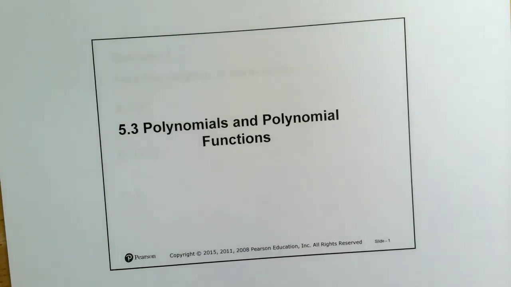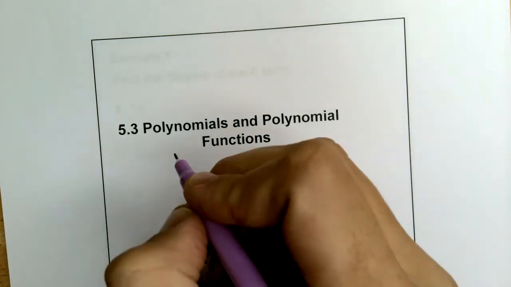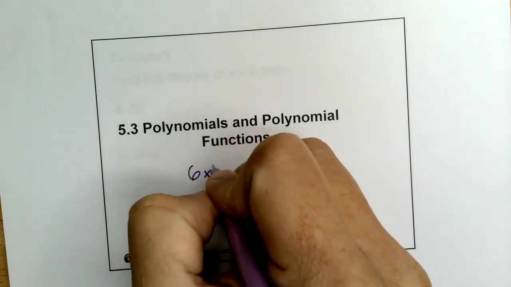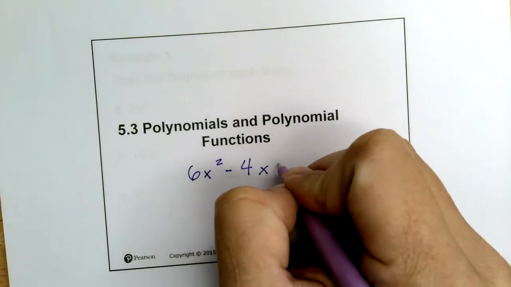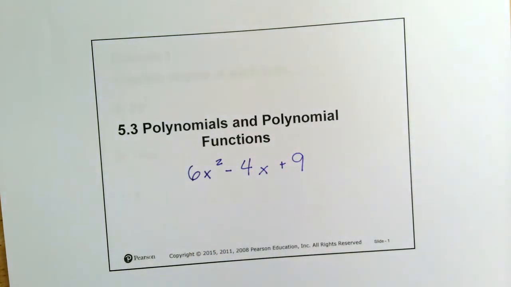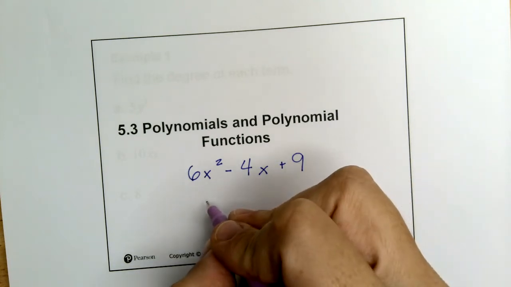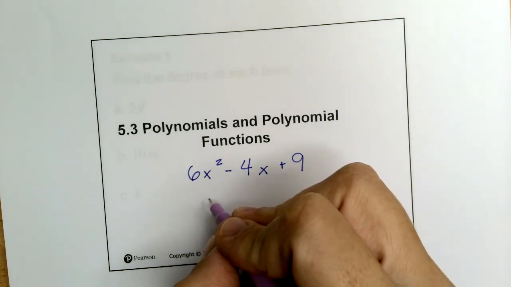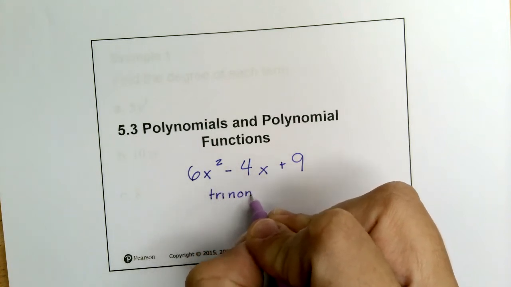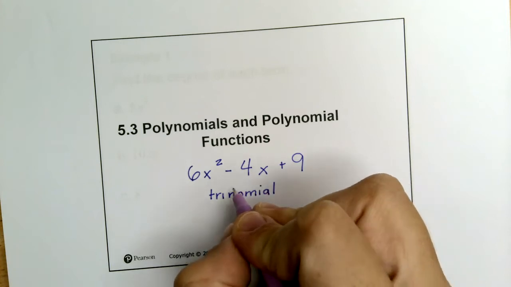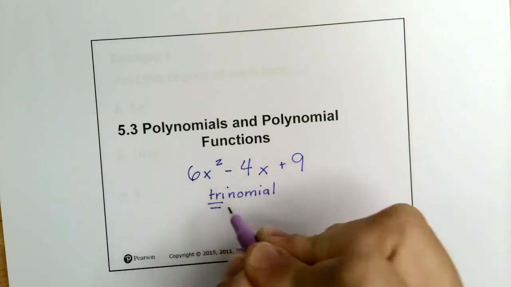All right, so polynomials and polynomial functions. I'm just going to write a polynomial here, okay? Let's do 6x squared minus 4x plus 9. This is an example of a polynomial. It is also an example of a trinomial, like triangle or tricycle.